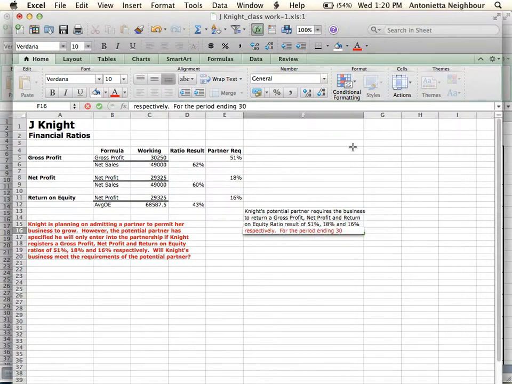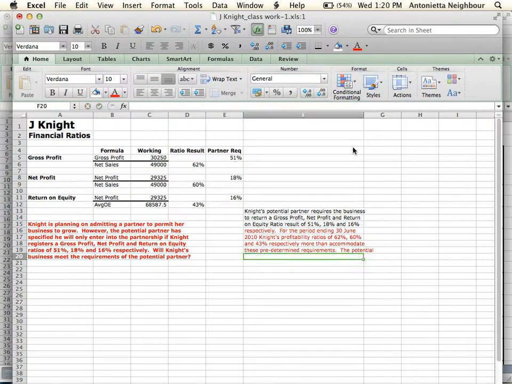For the period ending 30 June 2010, Knight's profitability ratios of 62%, 60%, and 43% respectively more than accommodate these predetermined requirements.